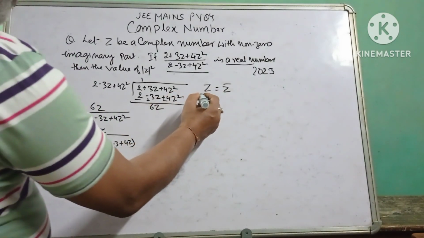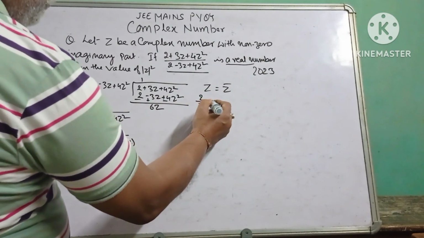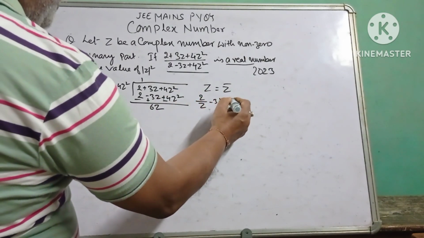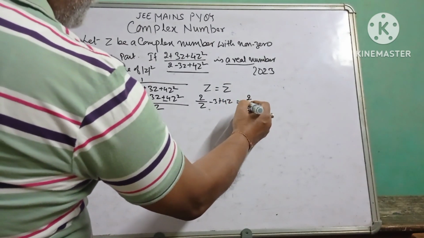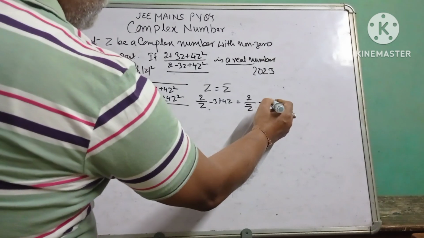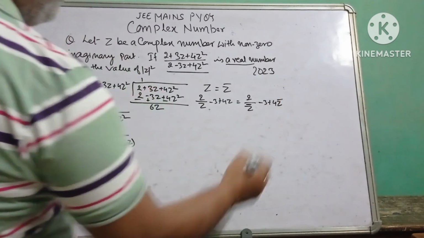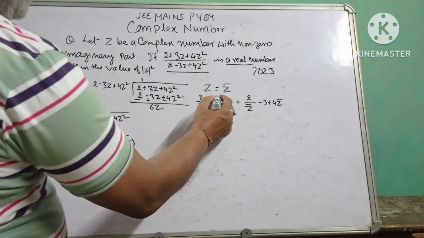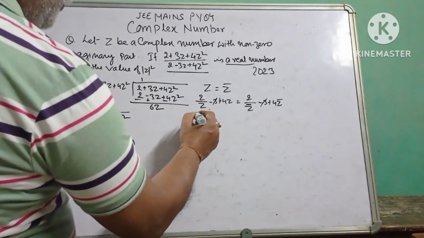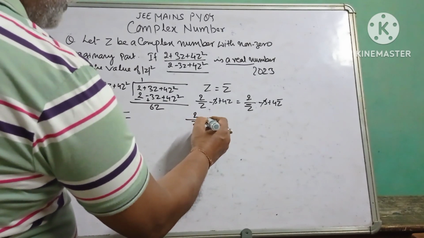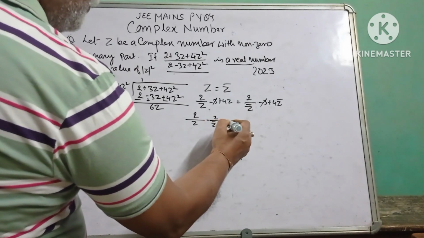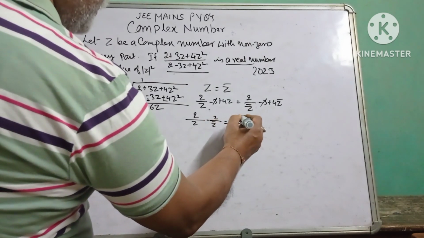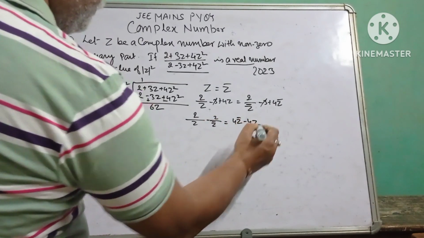So that means 2 by z minus 3 plus 4z is equal to 2 by z bar minus 3 plus 4z bar. Now this 3 and this 3 cancel out. So 2 by z minus 2 by z bar is equal to 4z bar minus 4z.